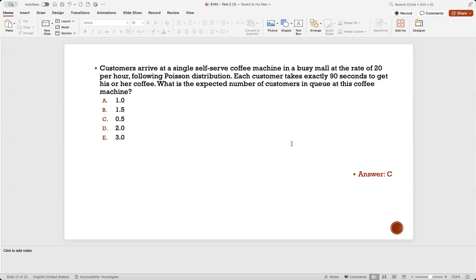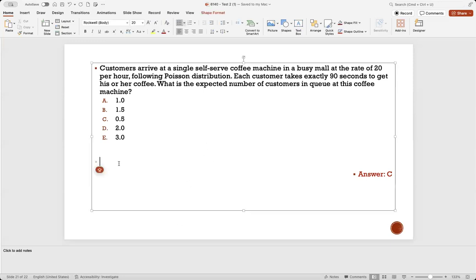And then the third one is a calculation. This is asking you to calculate the number of customers in the queue at this coffee machine, so it's asking you to calculate LQ. LQ equals lambda, the arrival rate, squared, divided by mu, the service rate, times mu minus lambda.